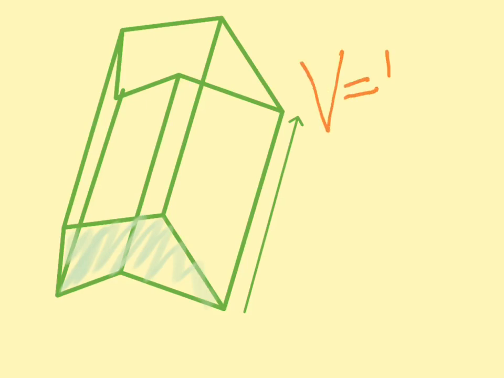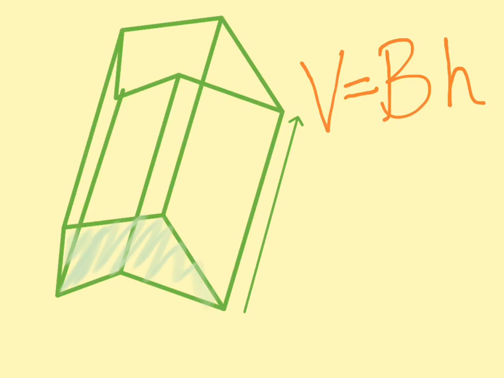It's just the area of that base times the height, which is the distance between the bases. So we have volume is equal to area of the base times the height. And that works whether it's a cube or a weird shape like this, or a rectangular prism, triangular prism, pentagonal prism, hexagonal prism, a cylinder, any of those things. Area of the base, written with a capital B, times the height.